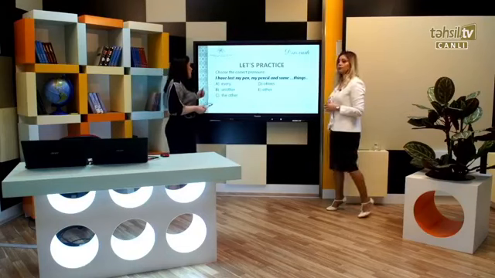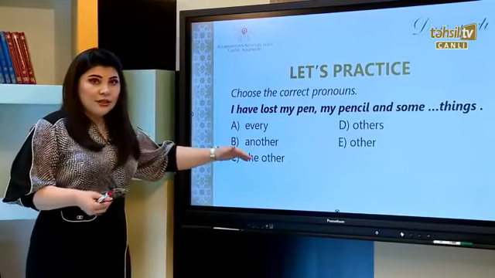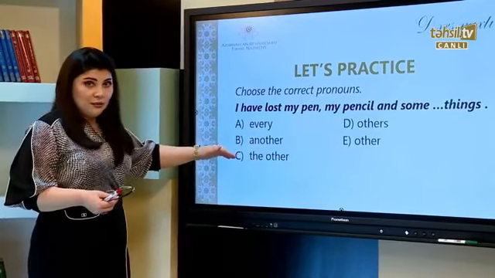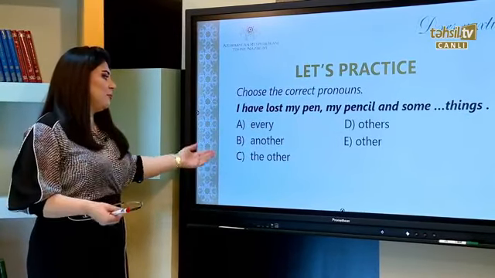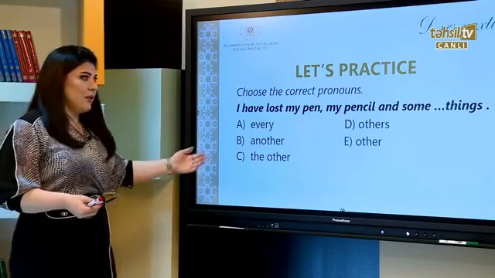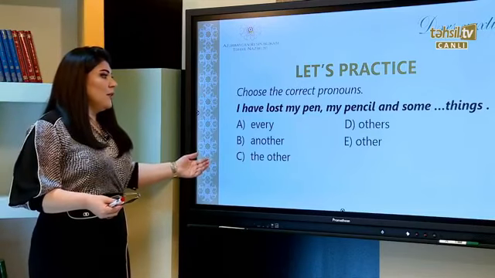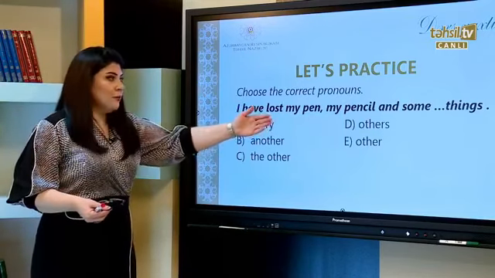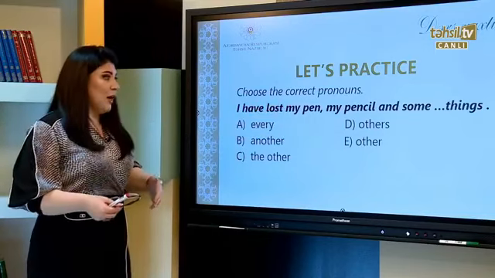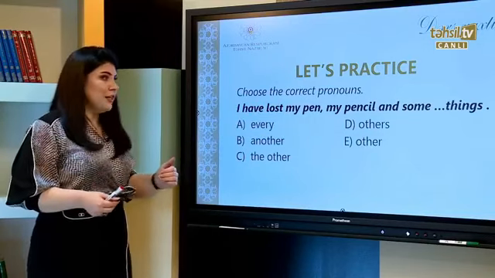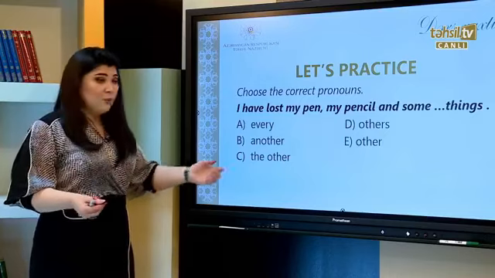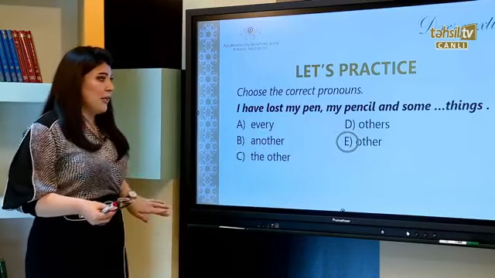We can't say some the other things. After some, we don't use the article. And we can't say others because, as I gave you in the example, after others we don't use any noun. So we'll choose variant E, other things.